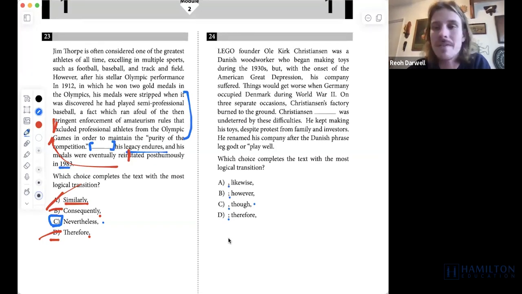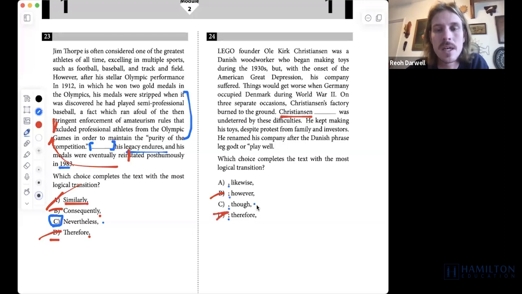Unfortunately, that's not what we have here, right? Christensen, right, is not an independent clause on its own. Okay, so that is how we can get rid of however and therefore. Even though however and though are this same category of transition, they are created differently here due to the punctuation.